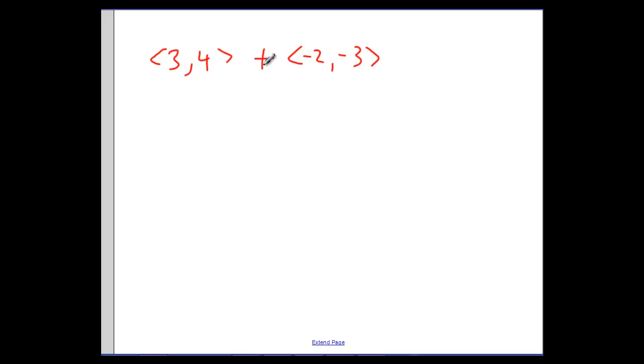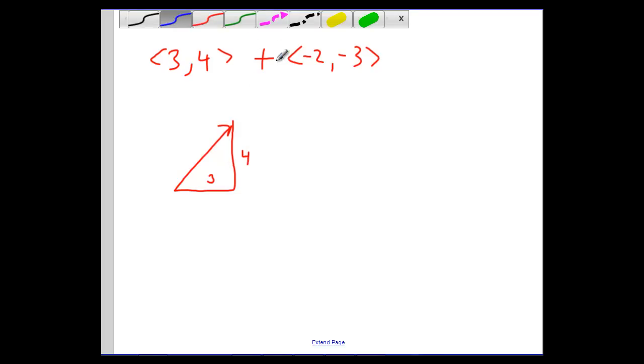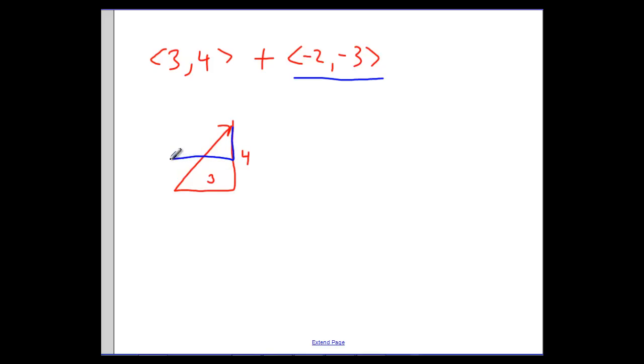We want to add these vectors. Well, we have 3, 4, so there's my first vector, which is 3 and 4. And then my new vector, this one here, says go down 2, so I'm going to go down 2, and then over negative 3. So that's this distance here.